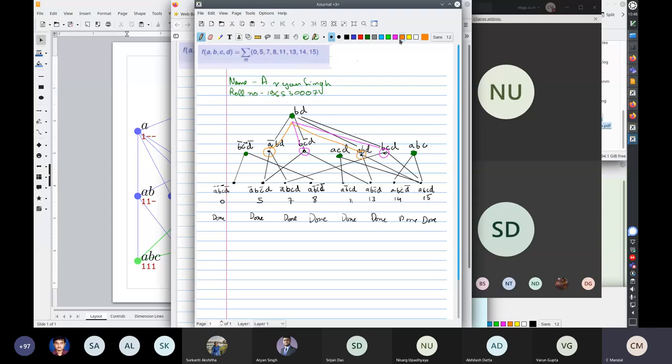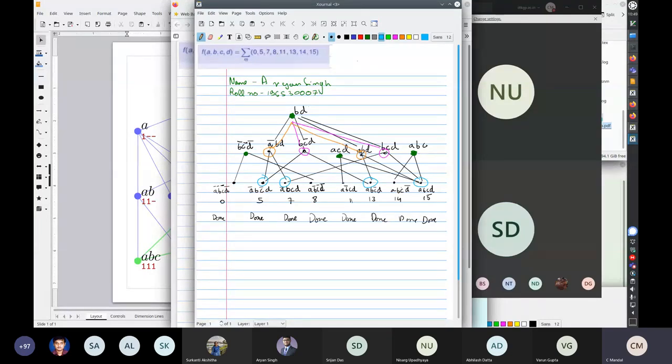But the important part is BD is covering this one, this one, this one, and this one. All right. So all four are being covered. Now, what is left after covering BD? These are left behind.